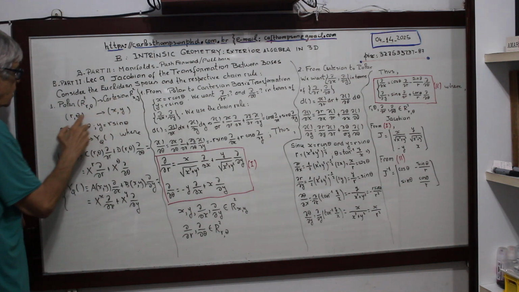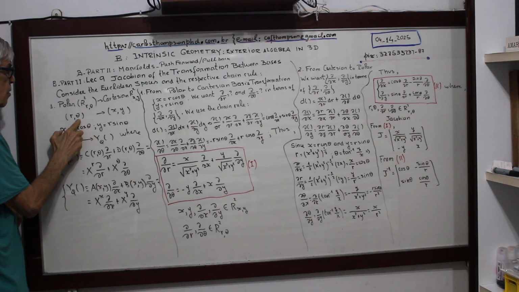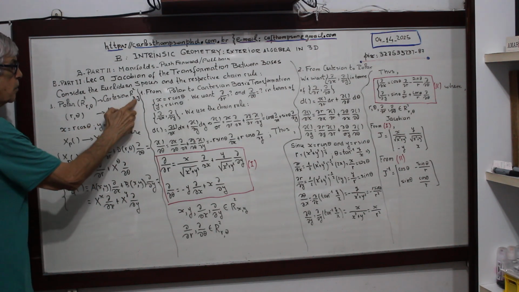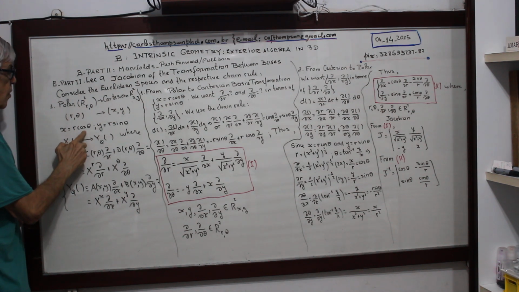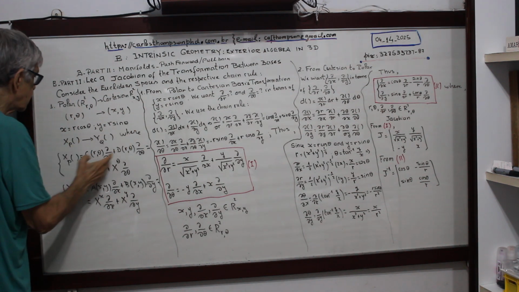You see, this is r, theta; these are variables. These are variables that belong to the Cartesian. So x is r cosine theta, y is r sine theta.